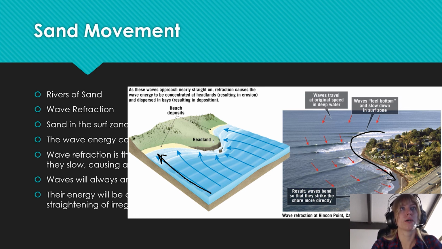So waves will always arrive parallel to shore. Their energy will be concentrated against the sides and ends of a headland like this, causing a straightening of irregular shorelines. Shorelines want to be straight, but thanks to longshore current, sand will eventually build up, which the waves will fight against, eventually moving sand as well.